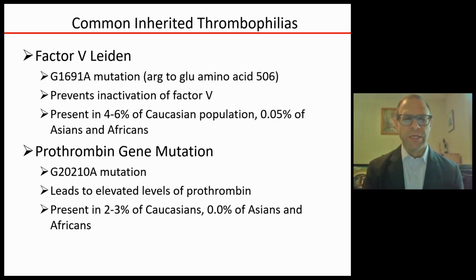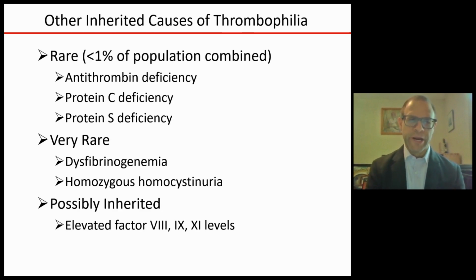Prothrombin gene mutation is less common, but still 2 to 3% of Caucasians. And then the others are very rare. It's at the last bullet, elevated factor levels, factor 8, 9, 11. These are somewhat controversial because their increased risk of causing blood clots is so small. I usually don't include it in my thrombophilia workup.